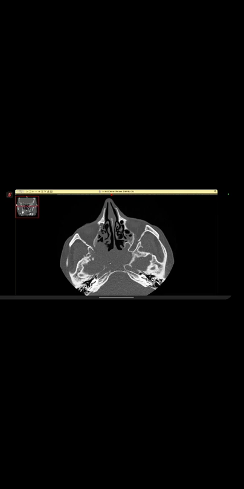As we go inferiorly, look at this. This is the sphenoid sinus and the wall is eroded. Maybe it is communicating with the middle cranial fossa at this point. It's a massive lesion sitting here, completely obliterating the sphenoid sinus.